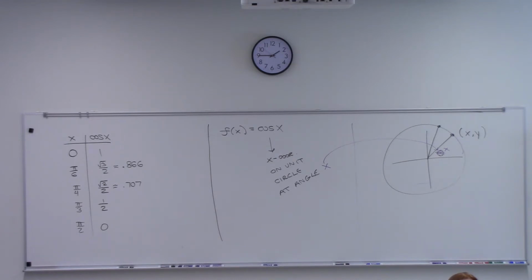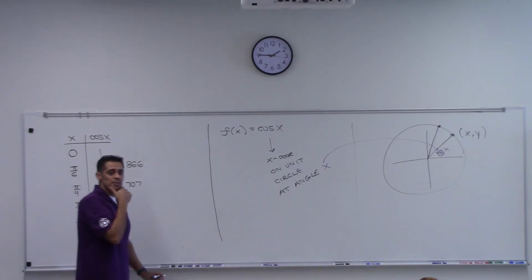Pi over 12. There we go. I can kind of get it in there. The red is the sine function, the blue is the cosine function.